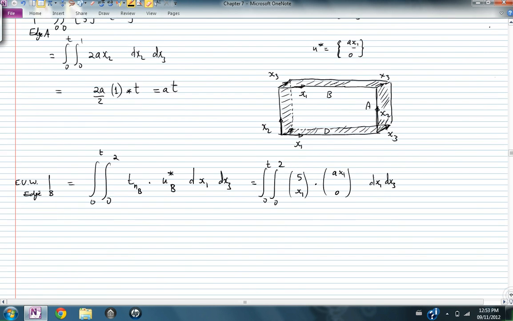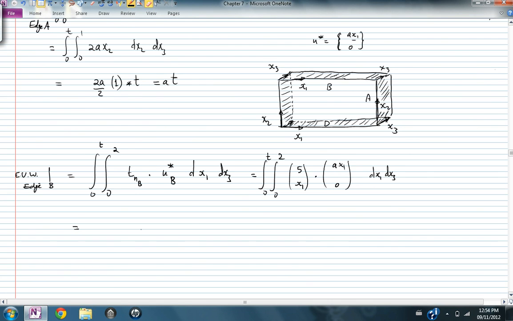When you perform this integration, this is the dot product, so 5ax1 plus x1 multiplied by 0, which is 0, dx1 dx3. Doing the integration, this will be 5 over 2 a x1 squared. I'm going to substitute 4, since 2 squared is 4, multiplied by the integration over x3 which will be t, so this will be equal to 5 over 2 multiplied by 4, 10at.